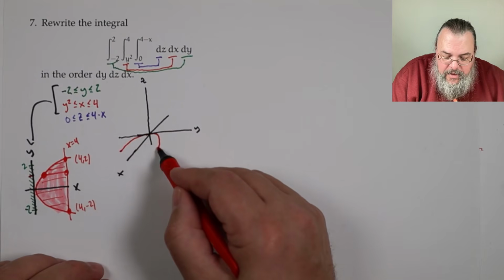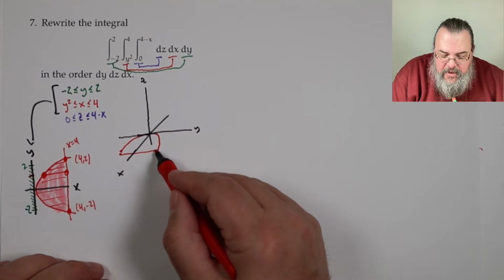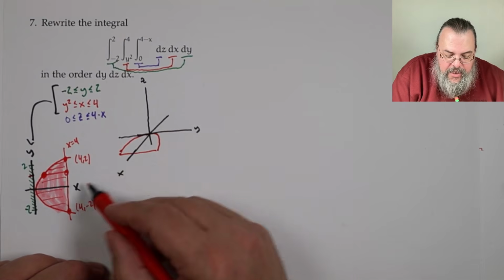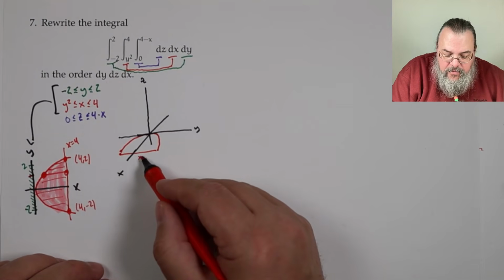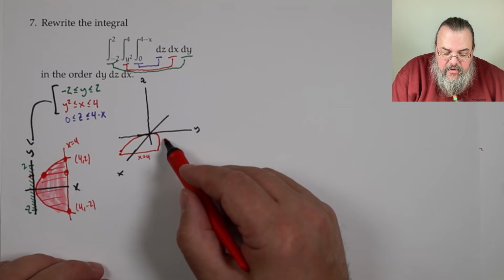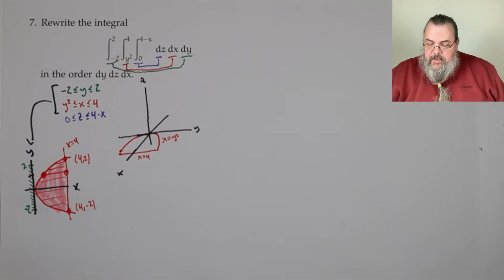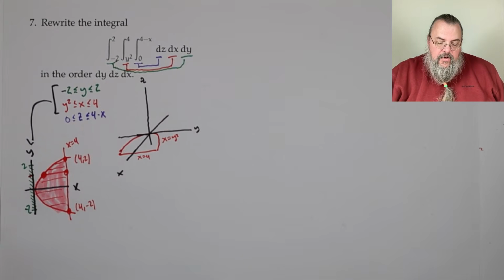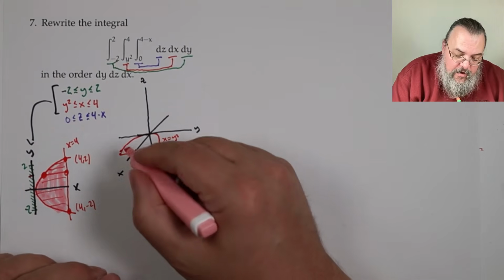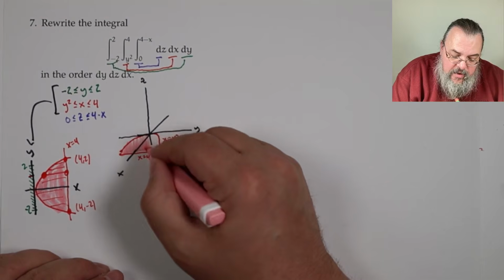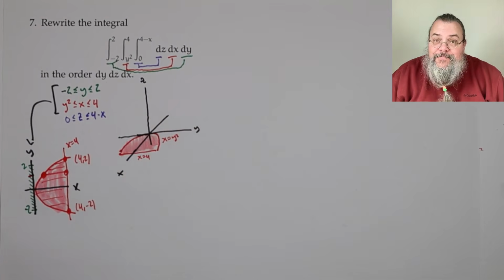And so here is our shape. There's this x equals 4 piece here. Here's this x equals y squared piece over here. And we'll go ahead and shade it in. All right, so that's our part downstairs. Now, where are we going from?